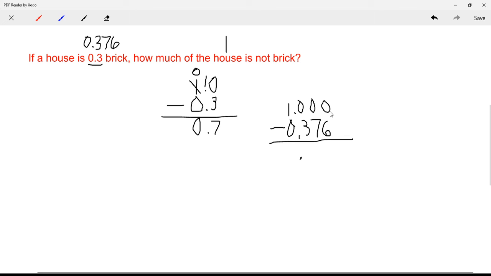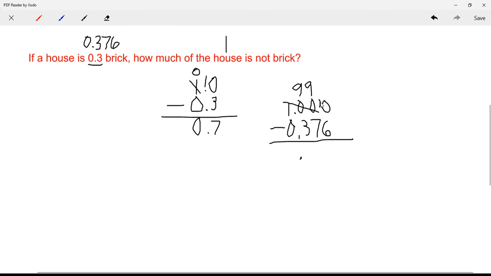So we have to subtract here, so 0 minus 6. Can't do that. We got to borrow. We can't borrow from this 0. We can't borrow from this 0. We can borrow from this 1. So what I'm doing is I'm thinking about what I'm borrowing from right here as 100. So if I borrow from 100, it's going to turn into 99.